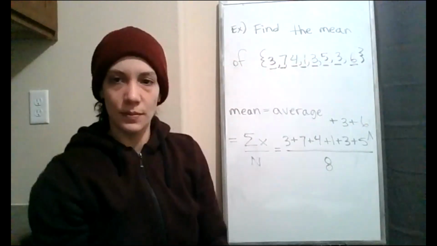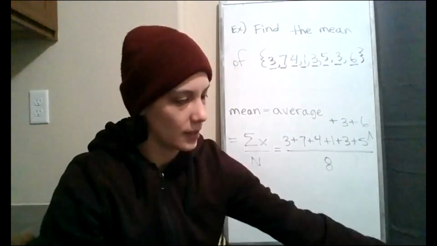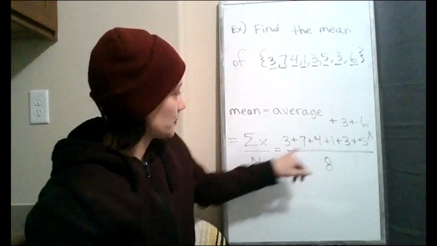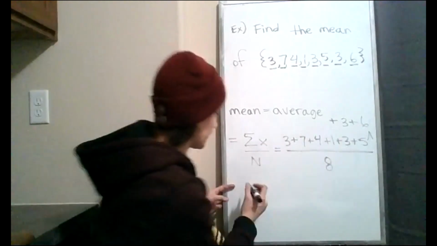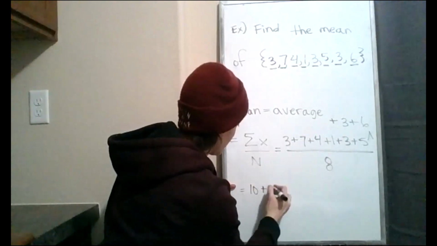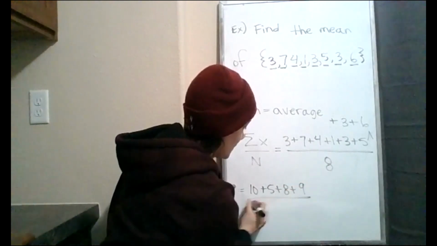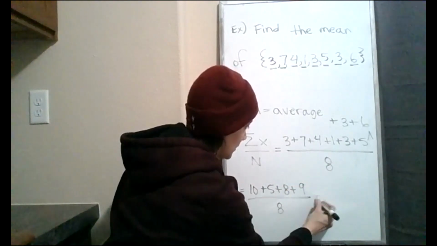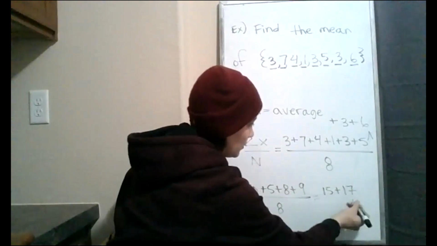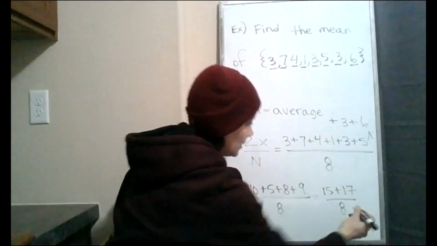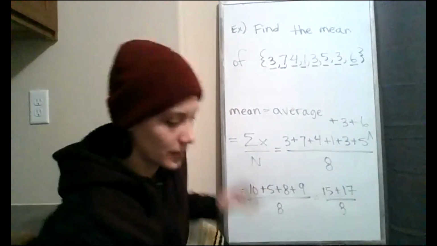And I have, let's see, 10 plus 5 plus 8 plus 9. So over 8. 15 plus, this is 17 over 8. 32 over 8, and you get 4.